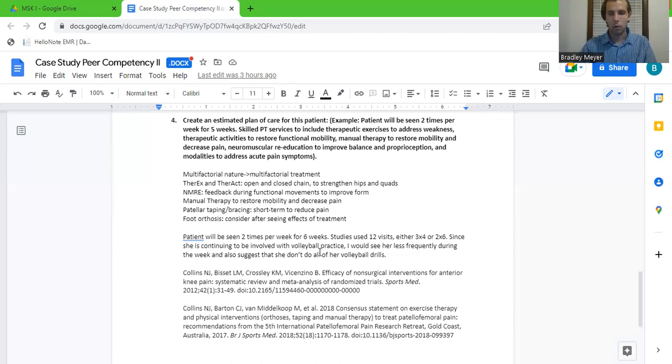A lot of the literature was suggesting 12 visits, and it gave the options of 3 times a week for 4 weeks or 2 times a week for 6 weeks. I chose to go with the latter, especially if she is still continuing to participate in volleyball practice, just so that I don't overwork those tissues. And then I would also maybe recommend her not doing some of the volleyball drills if I feel that they're particularly stressing the knee or the hip.